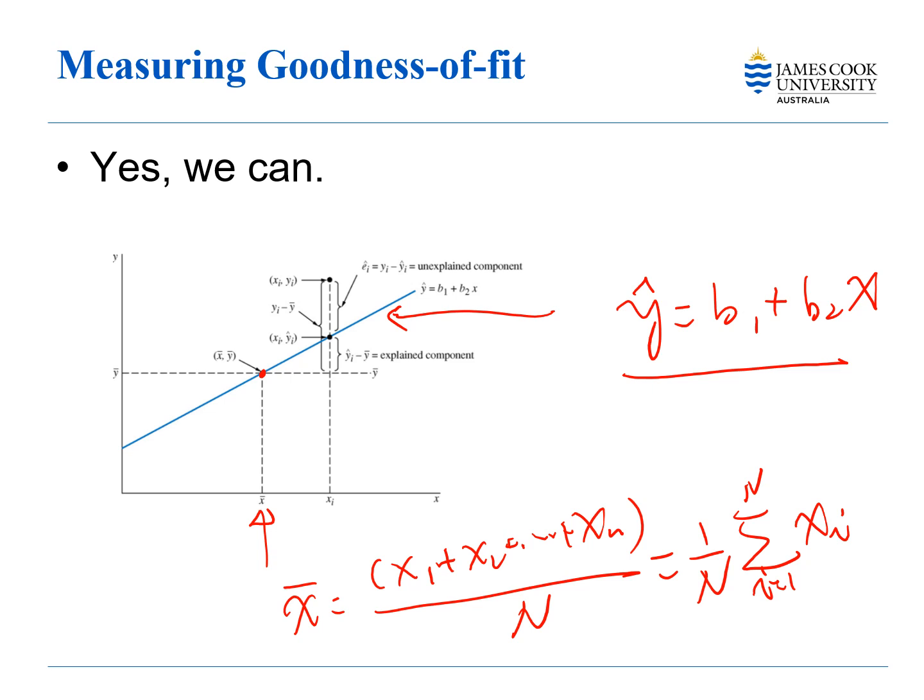Similarly, y bar is 1 over n times the sum from 1 to n of yi. So this regression line passes through x bar, y bar.